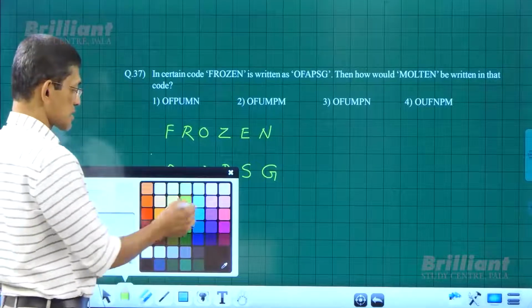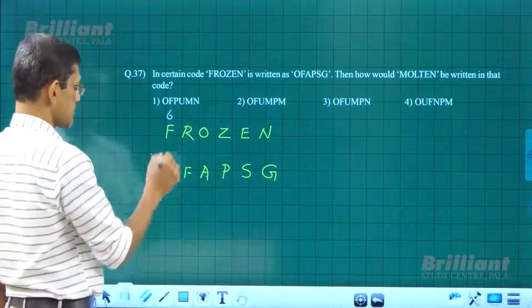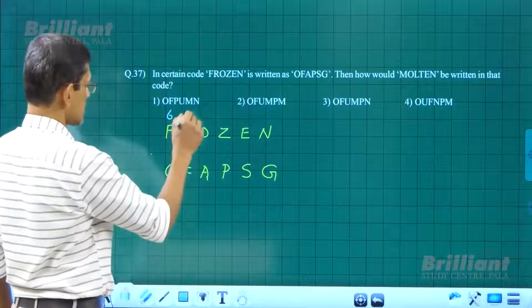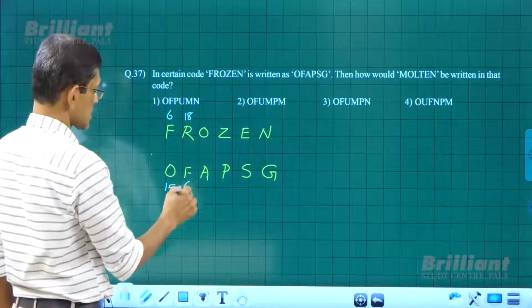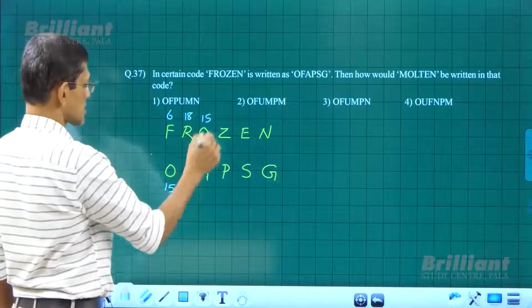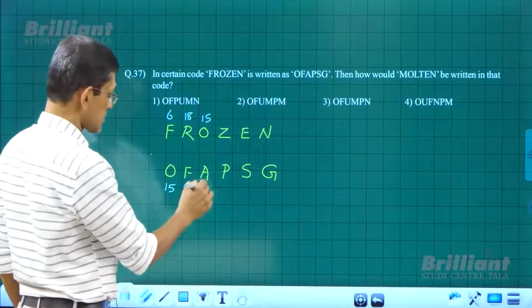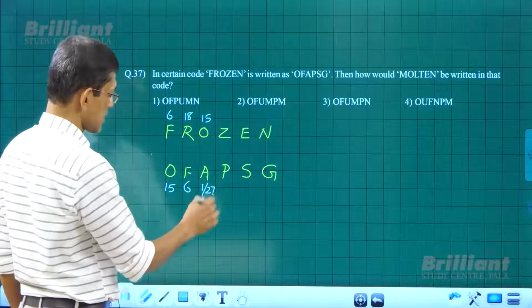Position values. Let's try the position values here. 6. This is 15. All right. 18. This one is 6. And 15. This is either 1 or you can take it as 27. Either position value can be either 1 or 27.